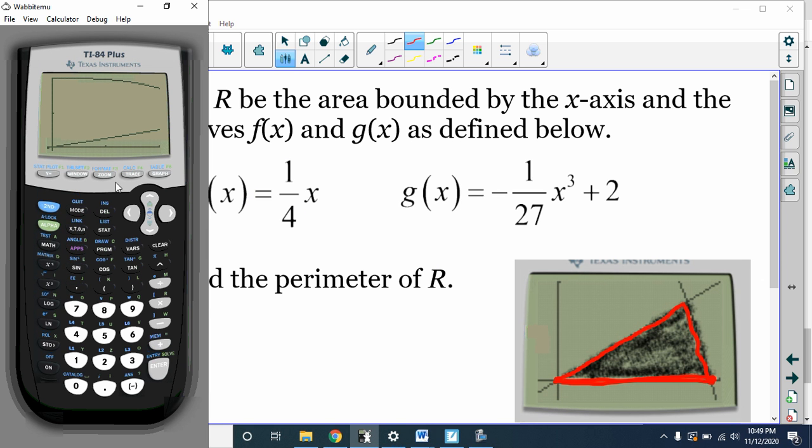And it's pretty clearly further out than that. That looks better. So here's our figure right here. We're looking for this point right here. So we need to calculate that 0. And that's a 0 of my y2. So I'm going to turn y1 off and then calculate the 0 that I'm looking for.